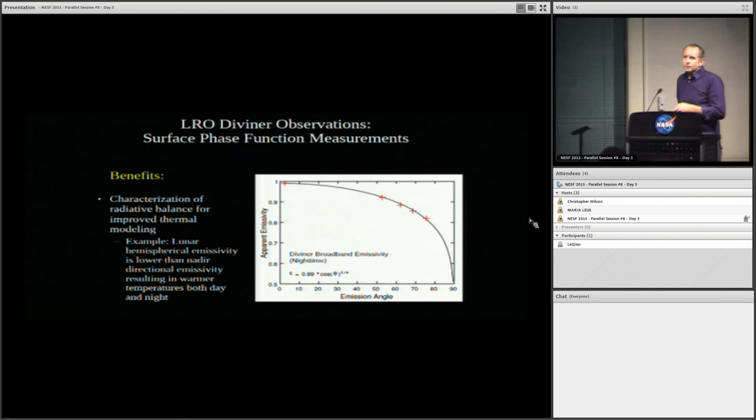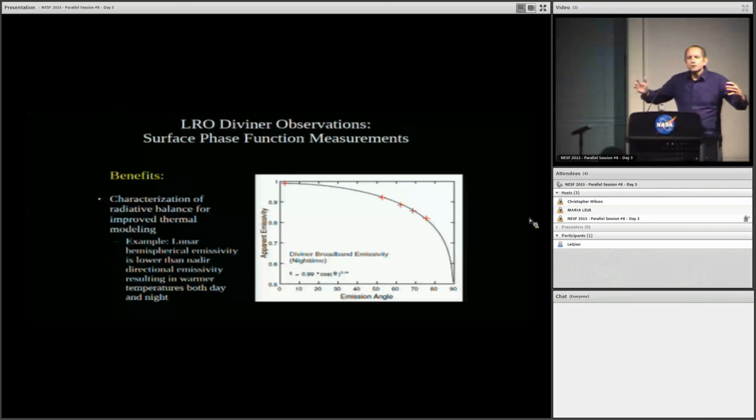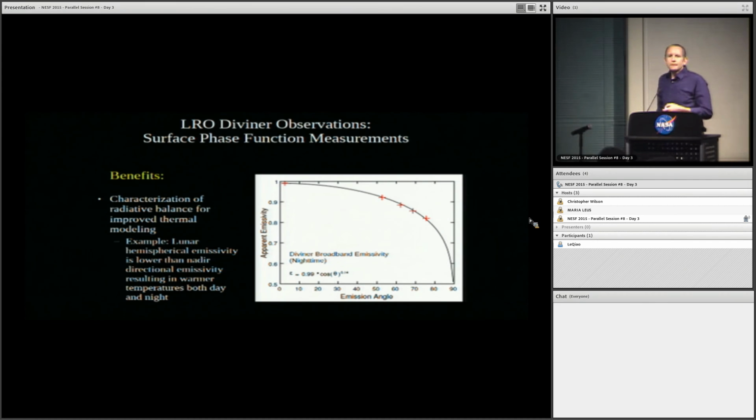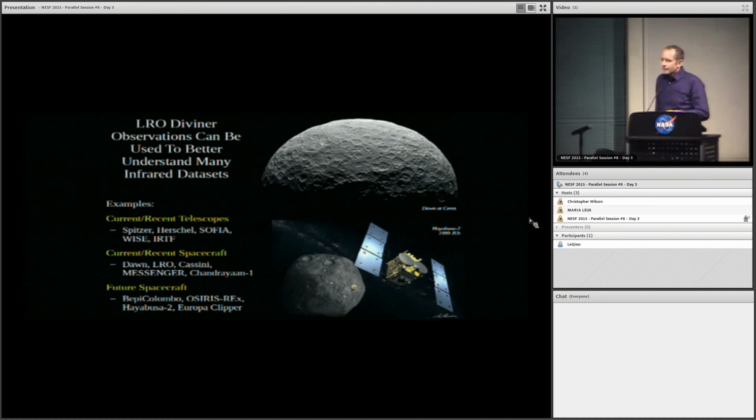In effect, the hemispherical emissivity, the emissivity of a surface across the entire hemisphere, is quite a bit lower than if you're looking straight down nadir. So we have a lower emissivity of the surface than we thought previously, and that makes it less efficient at radiating out to space, which is an insulating factor in the temperature of the surface. So this effectively results in warmer temperatures both day and night, and this affects our thermophysical properties.